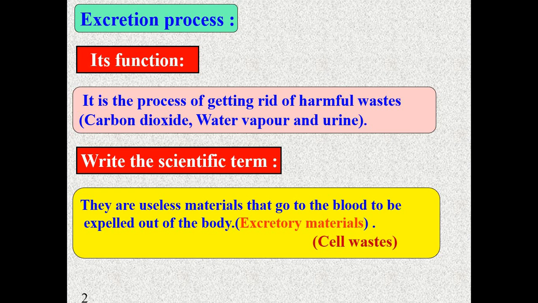These wastes are called excretory materials, materials the cell doesn't need anymore. So the blood collects these wastes to send them to a special organ to get rid of them from the body. What are the excretory materials or cell wastes? They are useless materials that go to the blood to be expelled out of the body.